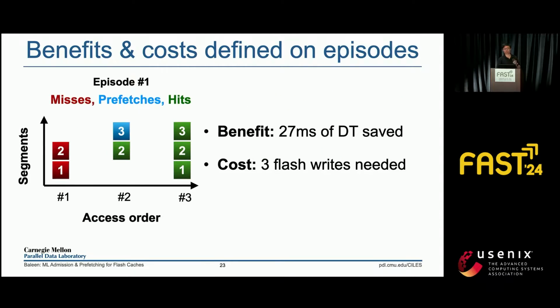When you're considering whether or not to admit something, and more importantly whether the ML algorithm should consider admitting it, you want to look at the first access. The value you get out of it is the set of hits, the hit time that you save based on those hits, and the cost is the number of flash writes you need to admit that episode. We use both of these things to do a better job of training the algorithm to admit things that have high value, and admit them early in the episode.